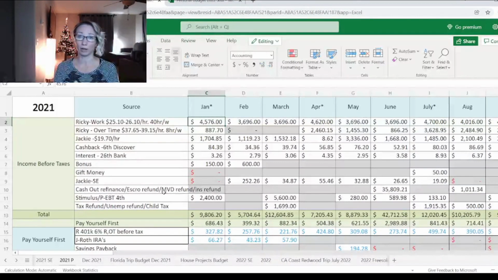So we paid off my car, and we put money aside for house projects, which most of the house projects are done. So as we go through the savings, when you come back from our net worth progress report, you'll see how our savings has fluctuated through the year as we spent some of that money. We also had some of our escrow account refunded back to us, and an insurance refund from the refinance.